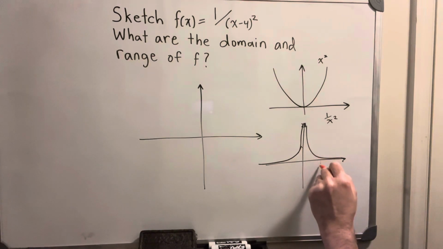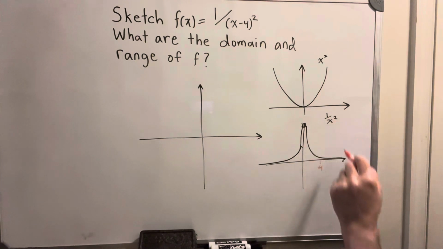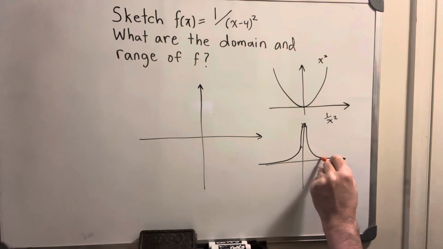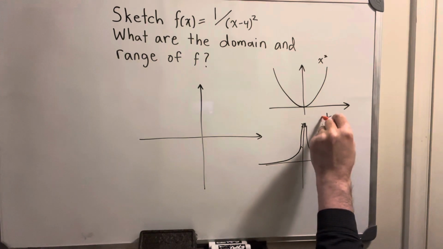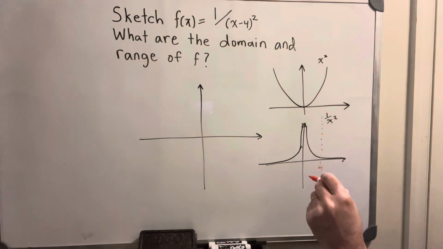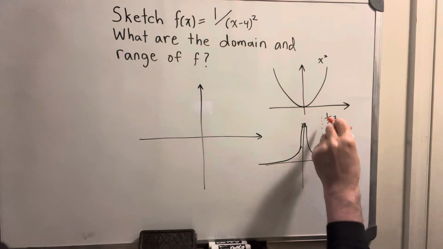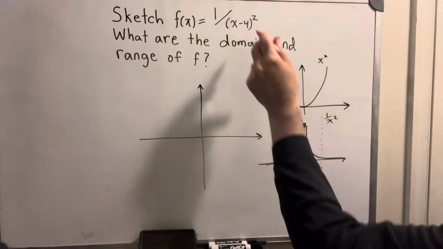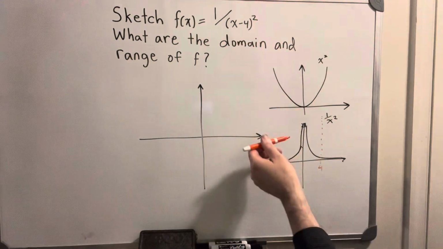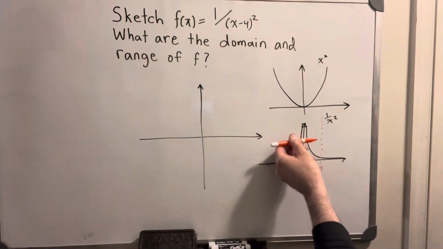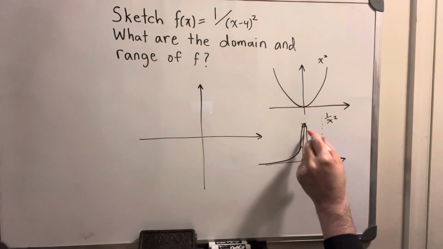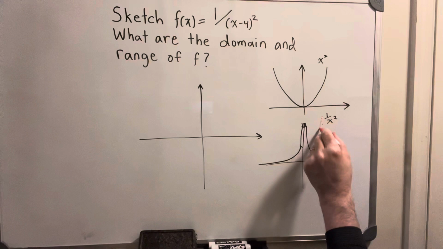So let's say x is 4. But we know when the denominator is 0, it's undefined. It's kind of like what they call a vertical asymptote, where the function is not defined. So when you have minus some amount, it's like this function is getting shifted to the right by that amount. So we take this function and we shift it to the right.